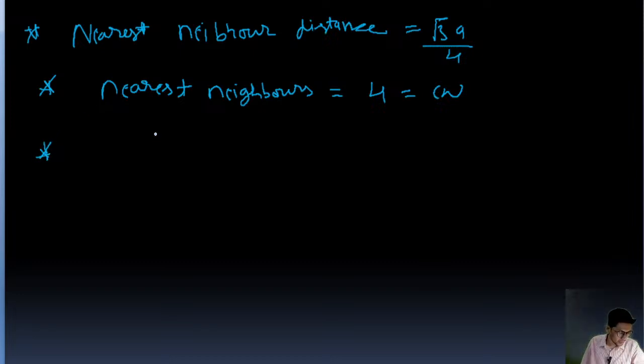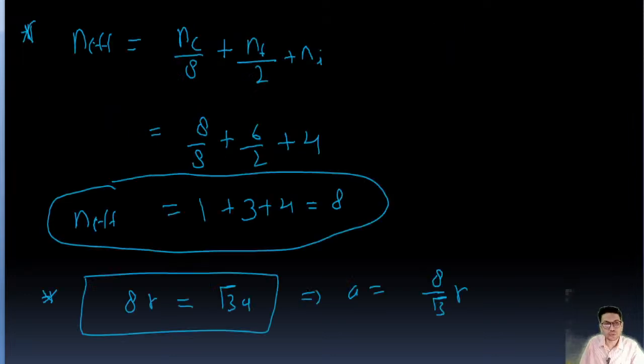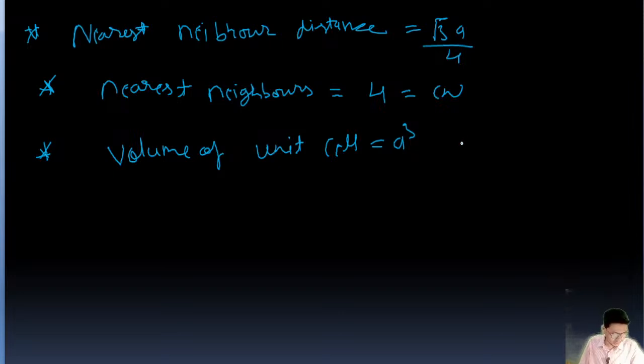And now the volume of the unit cell, okay. Volume of the unit cell is a cube, right, and the value of a we know from this relation, a is 8r upon root 3, so this is going to be (8r upon root 3) cube.